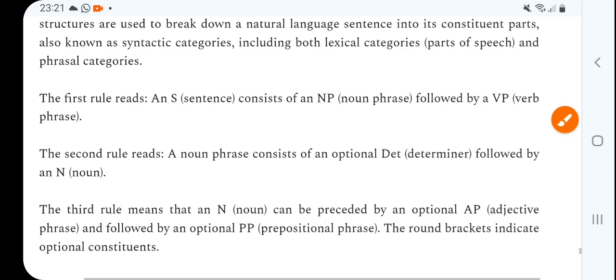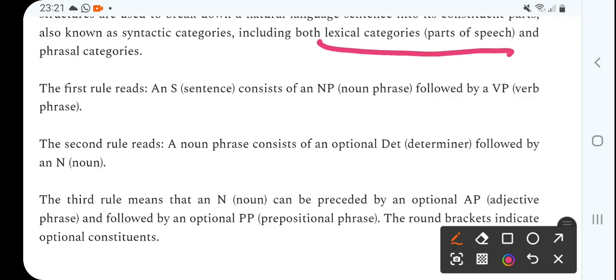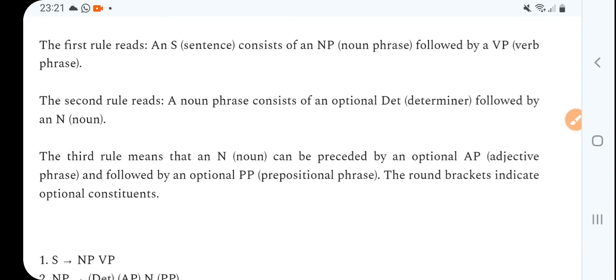Okay, these are also known as syntactic categories, including both lexical categories, parts of speech are called lexical categories, and phrasal categories. Okay, the first rule reads, a sentence consists of an NP, noun phrase, followed by a verb phrase.